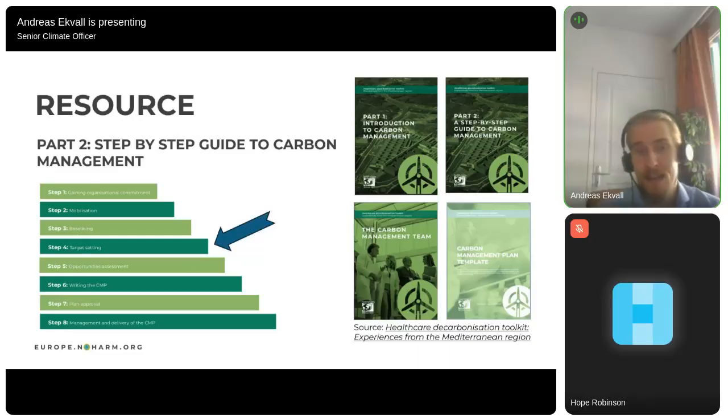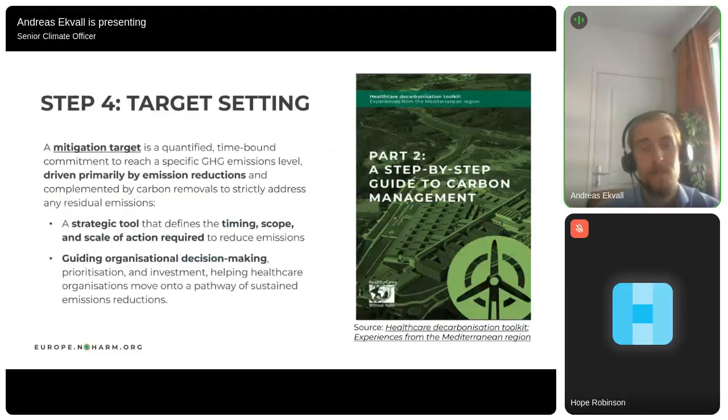The target setting handbook is also a complementary resource to our 4-part healthcare decarbonisation toolkit, specifically part 2, a step-by-step guide to carbon management, and it strongly relates to step 4, which is target setting. Step 4 is also our starting point today.